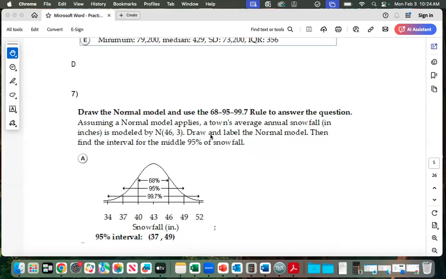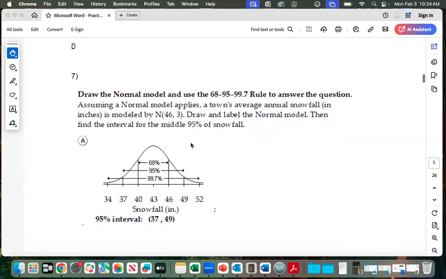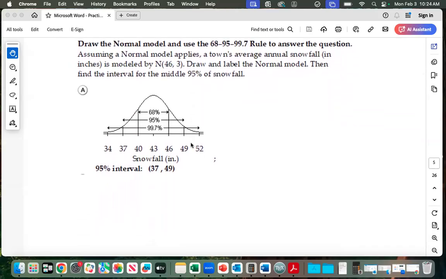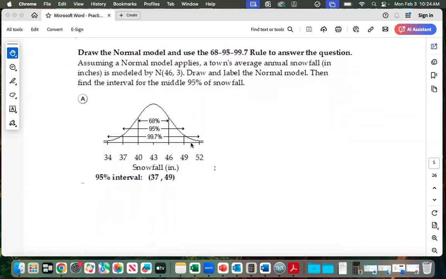And so we have to draw and label the normal model. So when we look at this, what does the normal model say? 68% means that it should be within 1 standard deviation. The 95% rule says that it should be within 2 standard deviations. Is that okay? And the 99.7 rule says it should be within 3 standard deviations. So for 1 standard deviation, our mean is 46 and our standard deviation is 3.